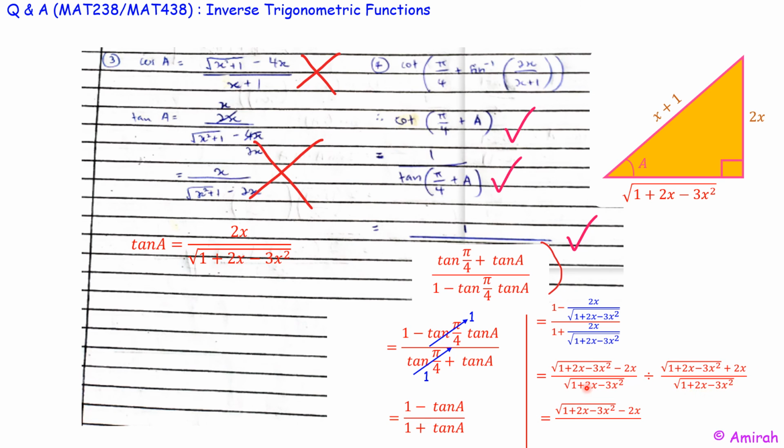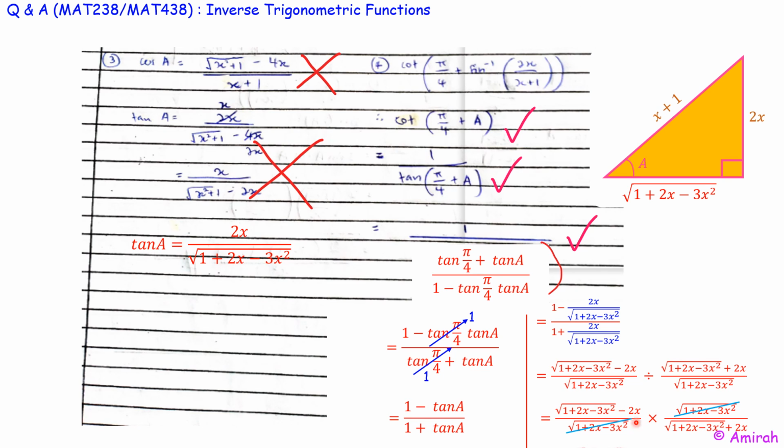Okay, after that, from division divided by, from fraction divided by fraction, so we can change to multiplication. But we need to exchange numerator and denominator. So we get this. Okay. After that, since this is multiplication operation, and then we have division here, so we can simplify this because we have same term here, right?